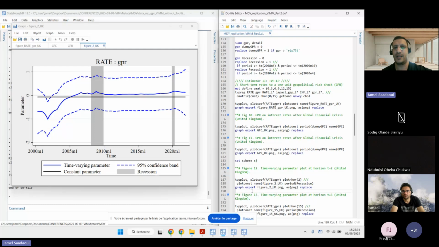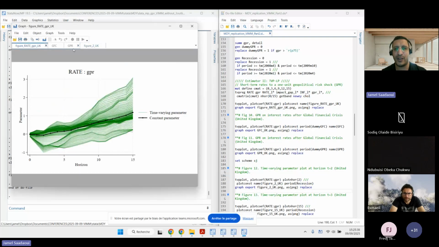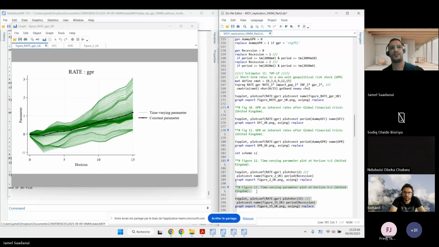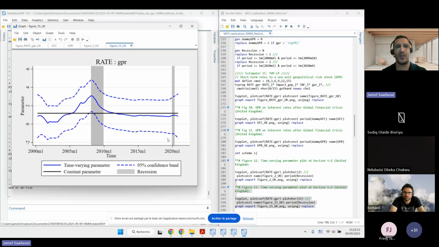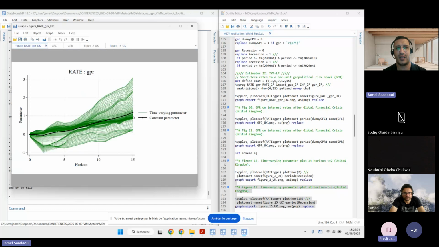Now, go back to this full picture. You see at horizon 15, sometimes the reaction is especially strong. And we are going to conclude on that: when we observe such a strong reaction, it is statistically different from the rest of the time, which is around 1 or 1.5 that you can see here.